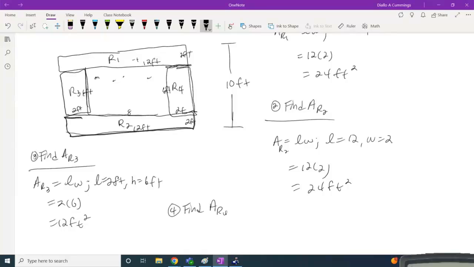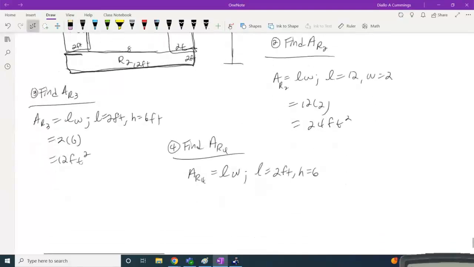So to find the area of rectangle 4, the height is equal to 6. So the area of rectangle 4 is 12 square feet.